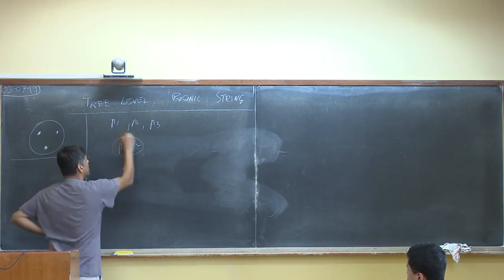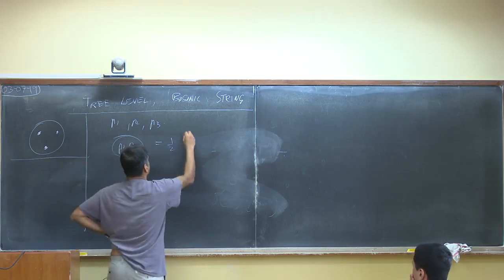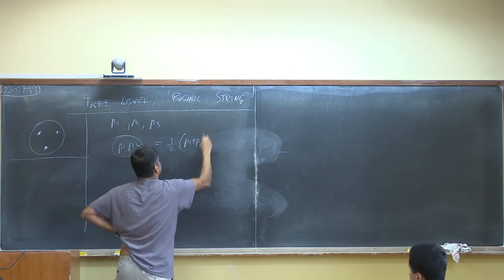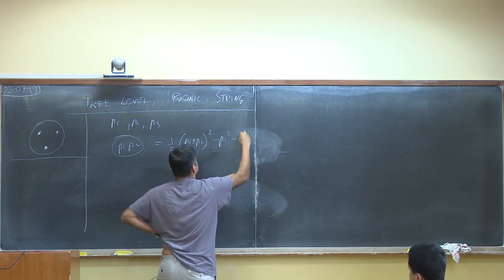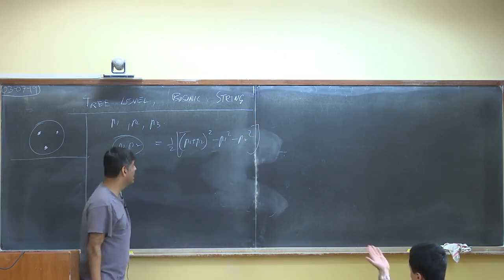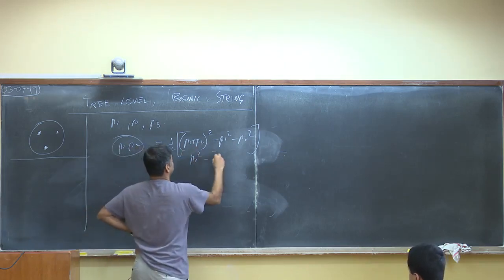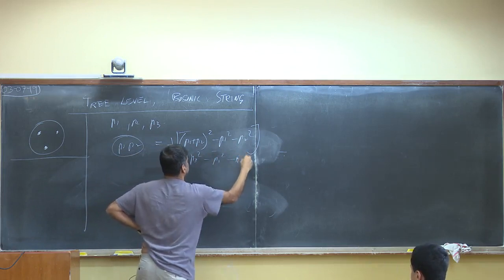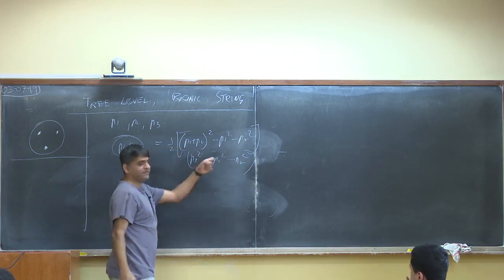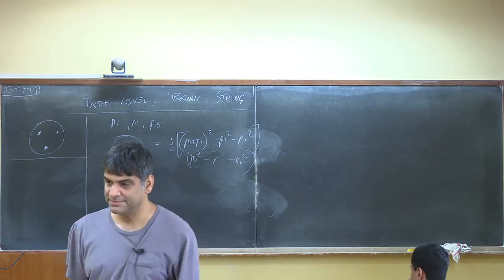However, a moment's thought will tell you that this is also not data, because P1 dot P2 is equal to half of (P1 plus P2) the whole thing squared minus P1 squared minus P2 squared. And (P1 plus P2) squared is just P3 squared by momentum conservation, so this is P3 squared minus P1 squared minus P2 squared, each of which can be substituted for their masses: M3 squared minus M1 squared minus M2 squared.